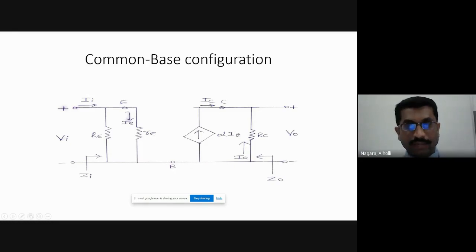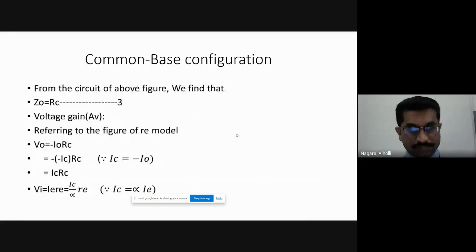Clear here? Substituting I naught equal to minus IC, minus into minus will be plus, so V naught is equal to IC into RC.